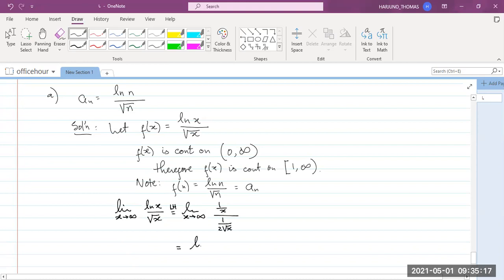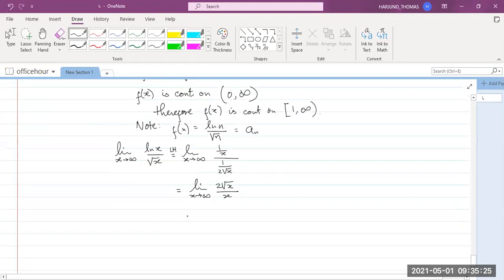So that will be 2 square root of x over x, which is basically 2 over square root of x, which goes to 0.